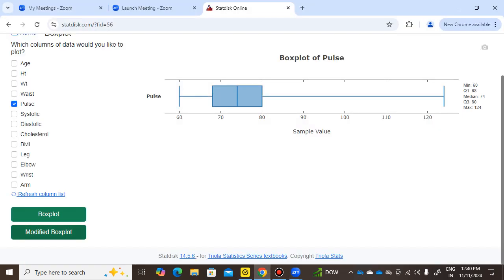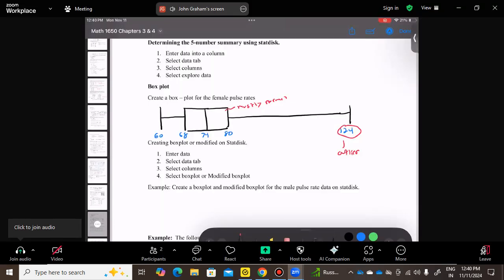go back to this, we can hit modify box plot, and we can see not only is that 124 an outlier, but I think it's 104 that's also considered an outlier. Right, and so for the modified box plot, it puts an asterisk, I'll do it in red, at 124, puts an asterisk at 104, and then the 96 here is your last one.